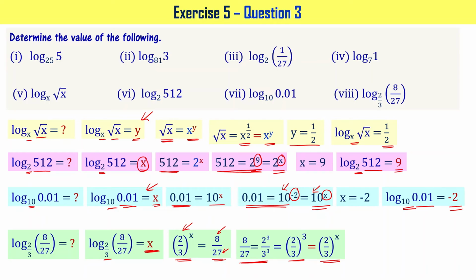So now when you look at this, base of both these exponentials is 2 by 3, right? So since the base is same, I can equate the exponents. That is x equal to 3. So to answer the question, log of 8 by 27 to the base 2 by 3 is equal to 3, right?